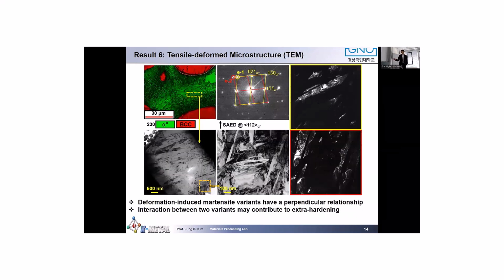So we checked the details of the martensite phase more by TEM observation, and we can find these martensites consist of two variants as shown in the yellow and red images, and we believe the interaction between two variants may also contribute to the extra strain hardening of this alloy system.